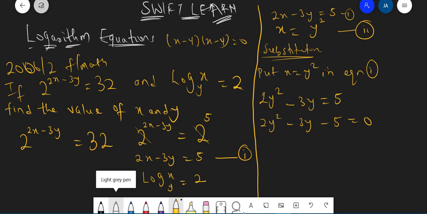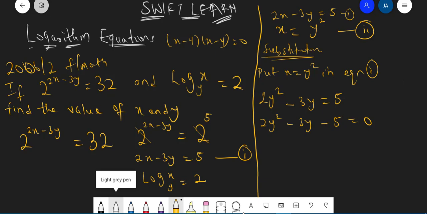So do you understand? I should do a very quick recap. The question says: if 2 raised to power 2x minus 3y equals 32 and log x of y equals 2, find the values of x and y. This here is an initial equation, a logarithmic equation. So 32, I have to put it in the power of 2.